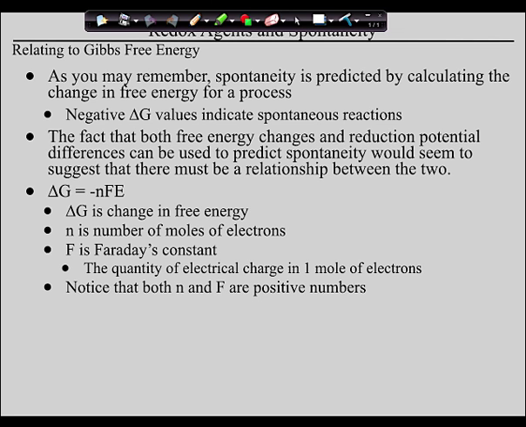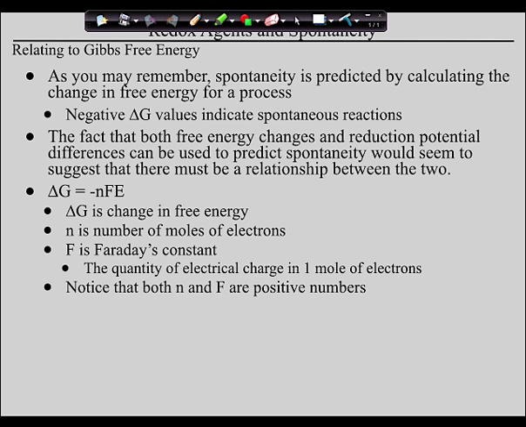So guys, as you've got this down, I would encourage you to not write down that last bullet point. Let's just talk about it. So this is the idea. You ready? Follow along. 30 seconds, we're done. What delta G values are spontaneous? Negative. What E values or what voltages are spontaneous? Positive. Now, notice that N, the number of moles, has to be positive. It's a number of moles.